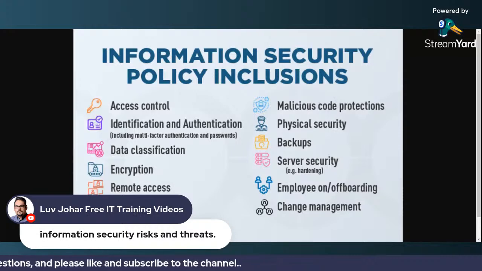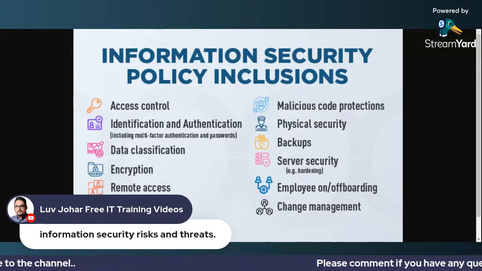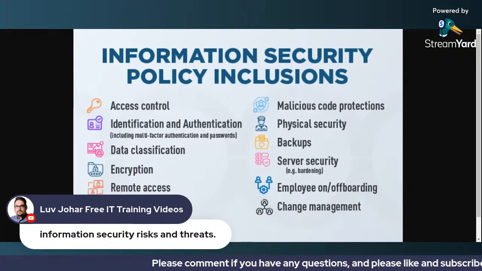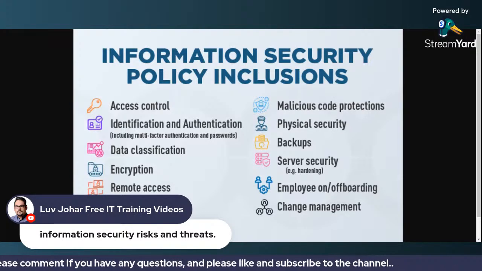That is very important, guys. So you should do that. That is what it is saying as well. So these are the considerations that the information security policy should take into account.